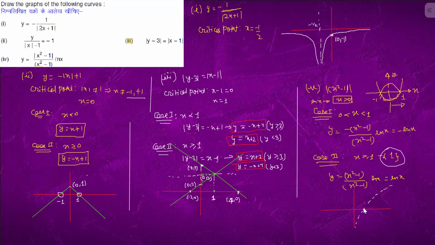So at this point we'll put a circle and we can join this graph ln x and this graph. But for x less than 1, this is negative. That means this is like this. So this is the graph.